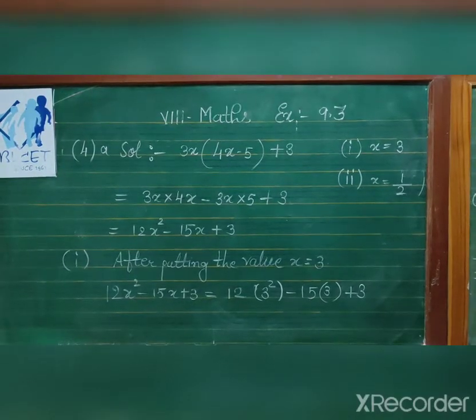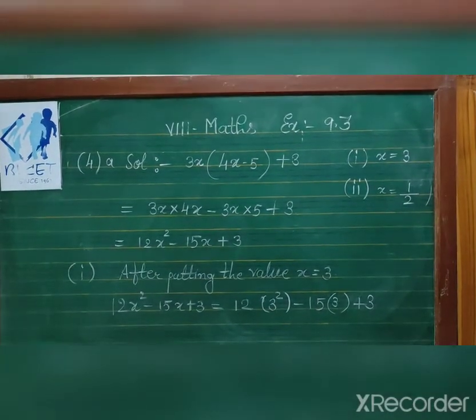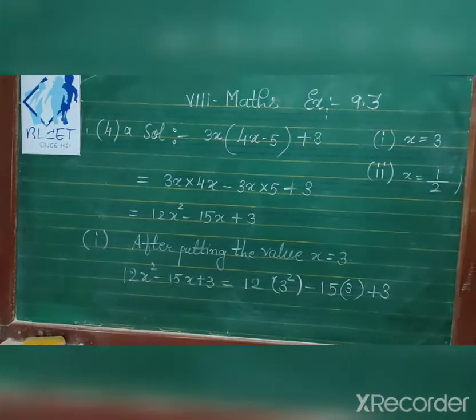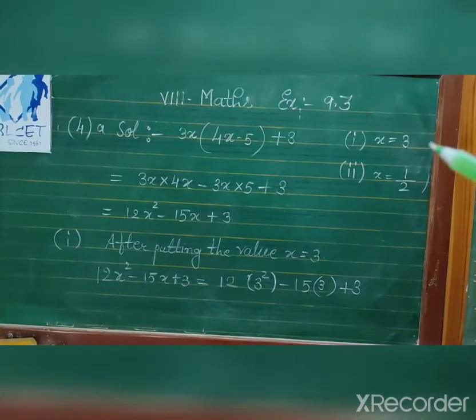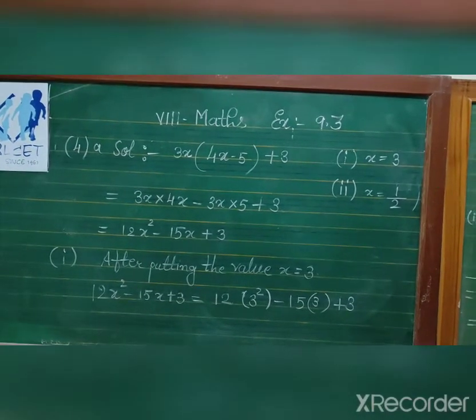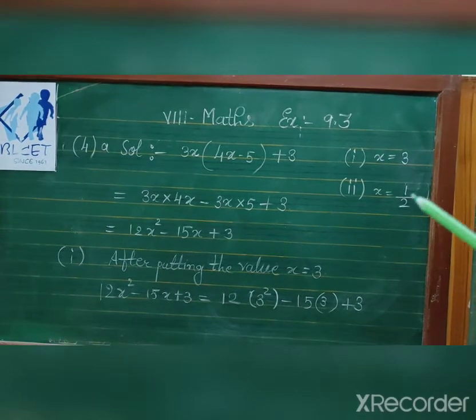Now in the fourth question, we have to calculate first 3x into (4x minus 5) plus 3, and after calculating this, we have to put the value x equal to 3 and x equal to 1 upon 2, calculating first for x equal to 3 and second for x equal to 1 upon 2.